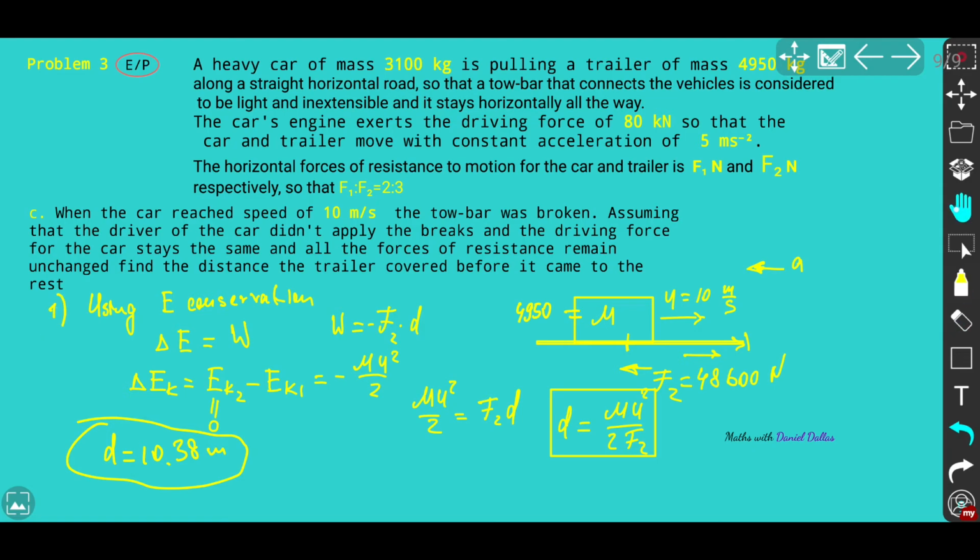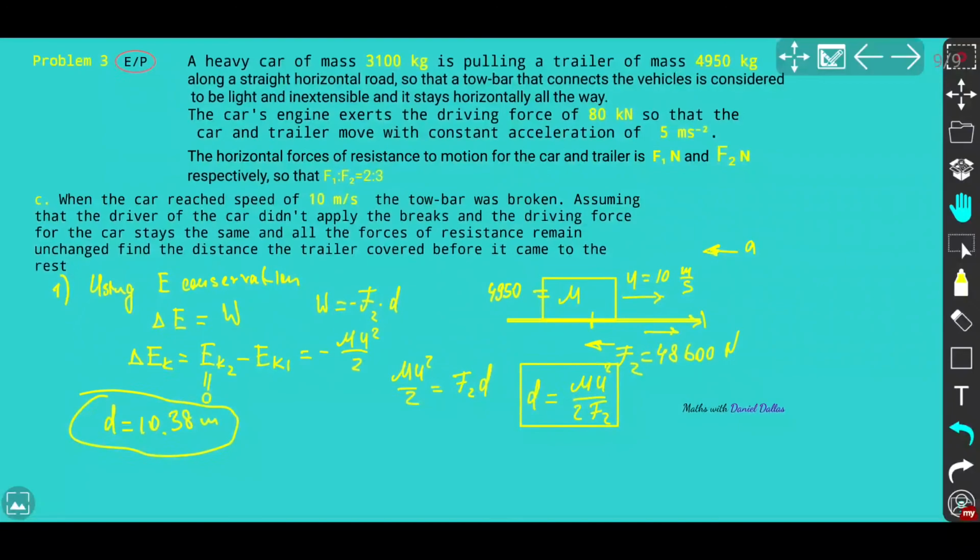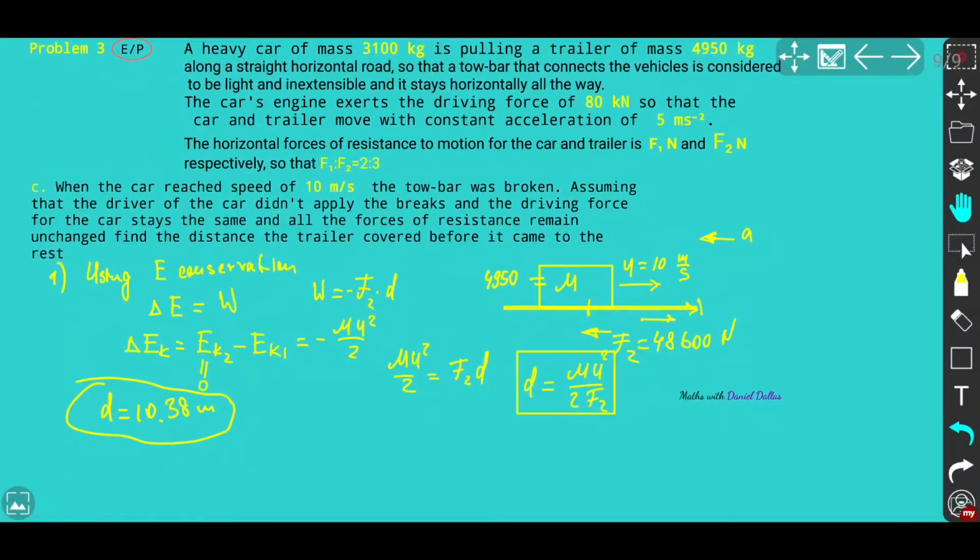How to use the second way, through basically a kinematic approach, or maybe you apply Newton's second law also. Because you understand, acceleration is no longer equal to 5 meters per second squared. Why? Because this is a new acceleration, and this is the acceleration of the trailer itself. So obviously it should be different.